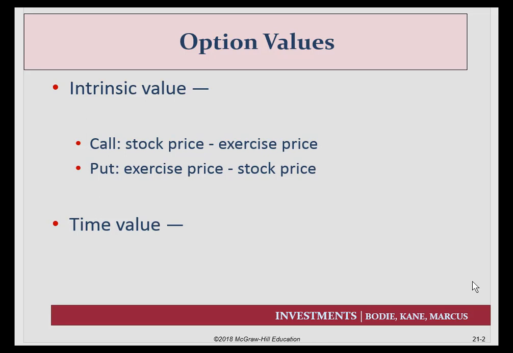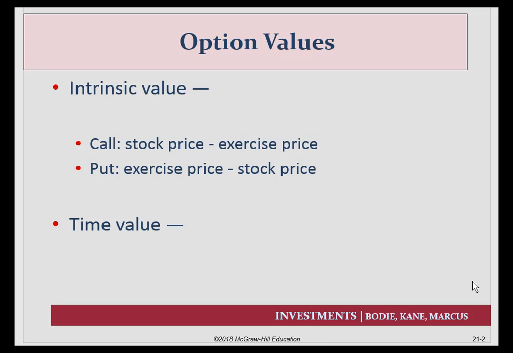If you think about an option, there's two values that we can talk about. In a previous video, we were talking about the difference between the stock price and the exercise price. That is what we refer to as the intrinsic value. So every option obviously has an intrinsic value. Now that value cannot be negative. So it's either zero or it has a value.